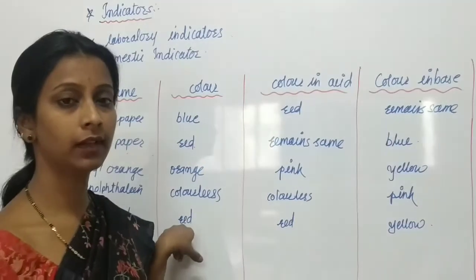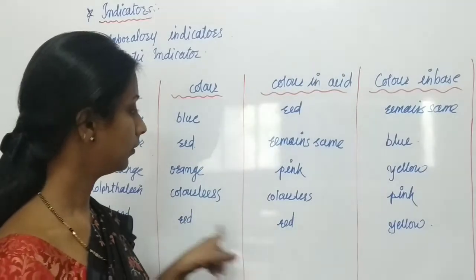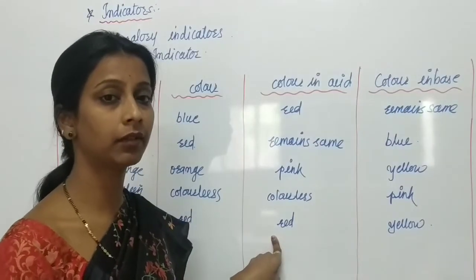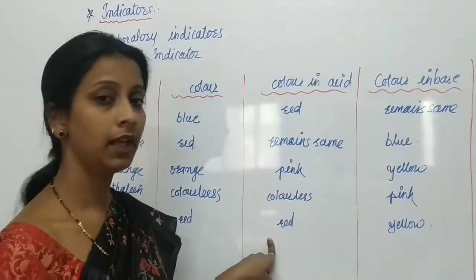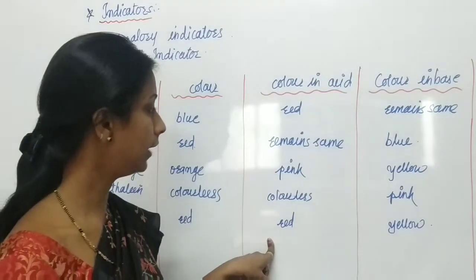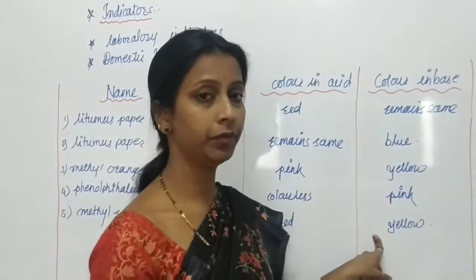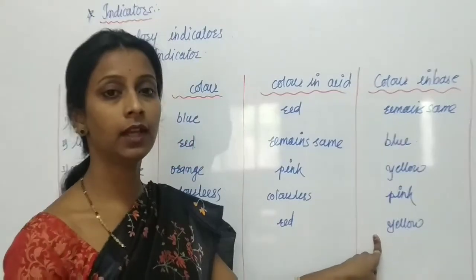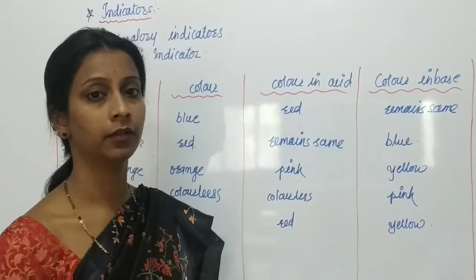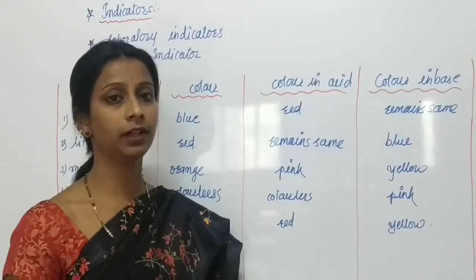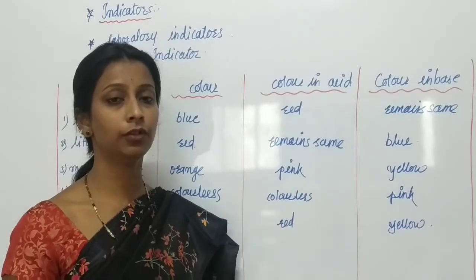Methyl red is a red colored liquid, and when we add methyl red to acid, the acid becomes red, and when added to bases, the base becomes yellow. So this is about laboratory indicators. This chart is given in your textbook.